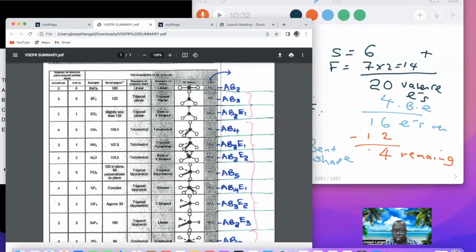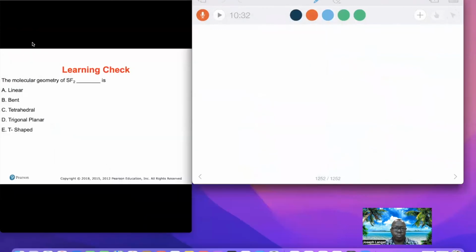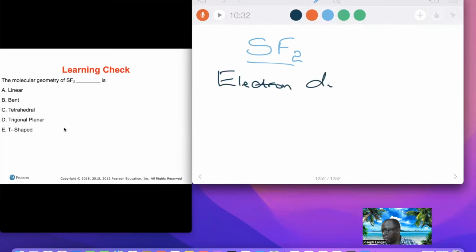If it was electron domain geometry, we would talk about tetrahedral. So here for SF2, electron domain geometry.